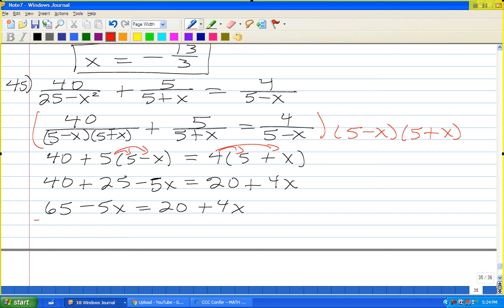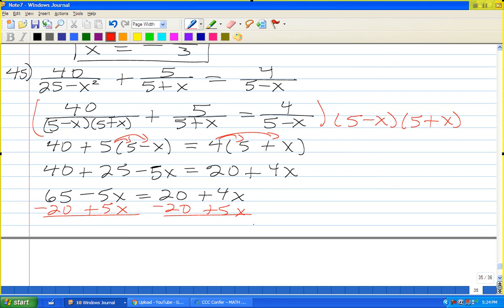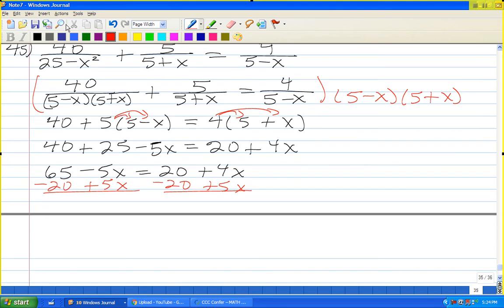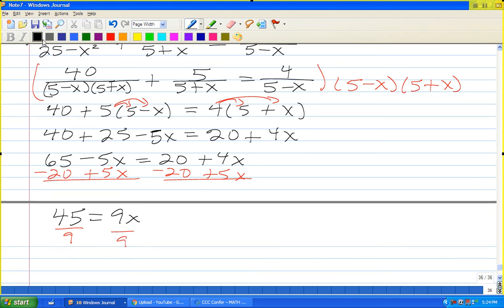Subtract 20. Add 5x to both sides of your equation. And so you get that 45 is equal to 9x. Divide by 9. So you get x is equal to 5.